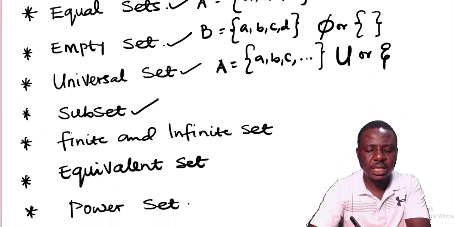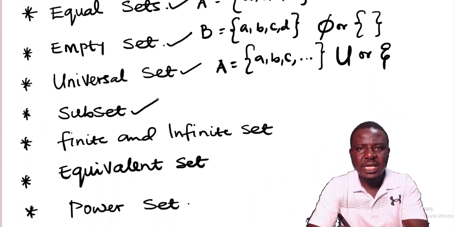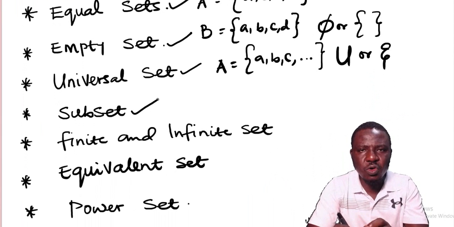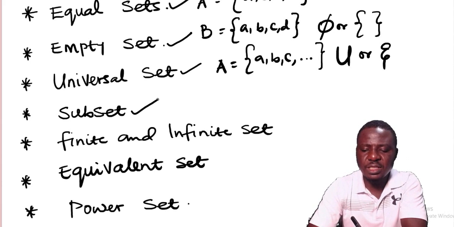Coming to subsets. A subset of a set is said to be a fraction or part of the universal set. I give you an example.